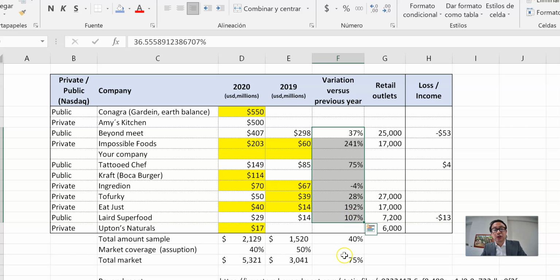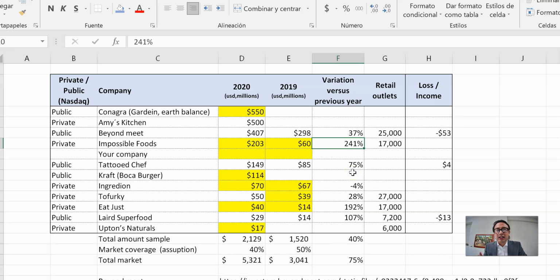That's why I assume that the market is growing 75%, which is conservative if you compare the rates at which other companies are growing, 100%, double digit, almost 2, 3 times.